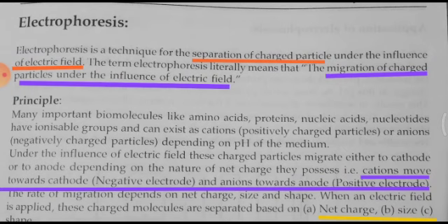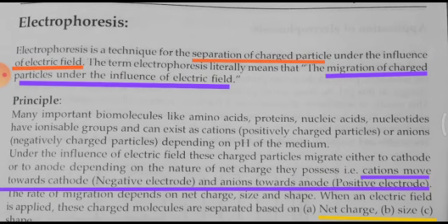Cations move towards the cathode, the negatively charged electrode, and anions move towards the anode, the positively charged electrode. Cations, which are positively charged, move towards the cathode, which is negatively charged, because positive likes negative, and anions, which are negatively charged, will move towards the positively charged electrode in an electric field of electrophoresis.